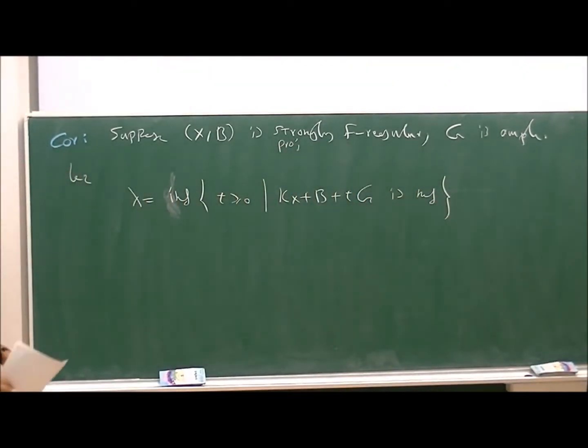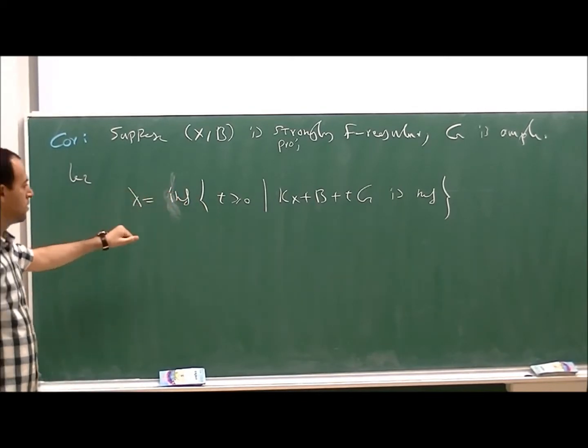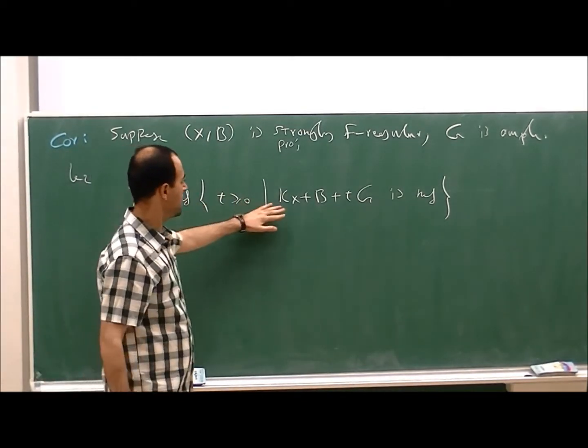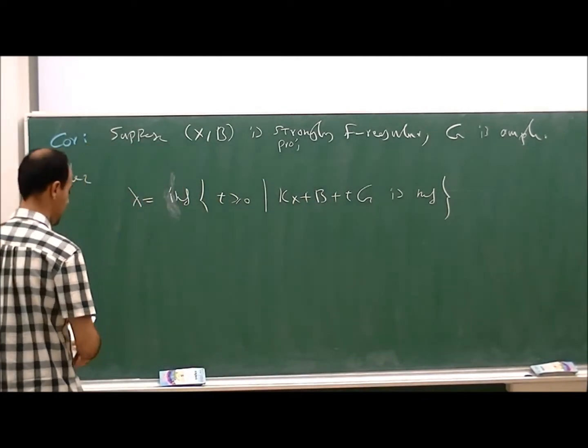Again, if you look at lecture 2 where I was running the minimal model program for surfaces, you have exactly this kind of divisors. You take essentially the limit and then you try to show that what you have in the limit is semi-ample.